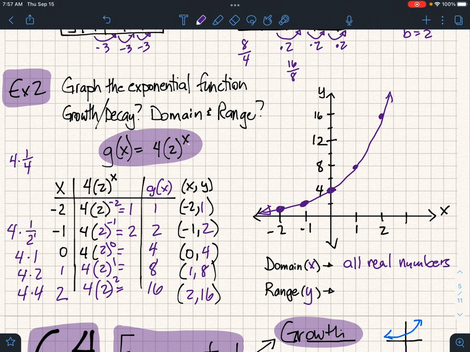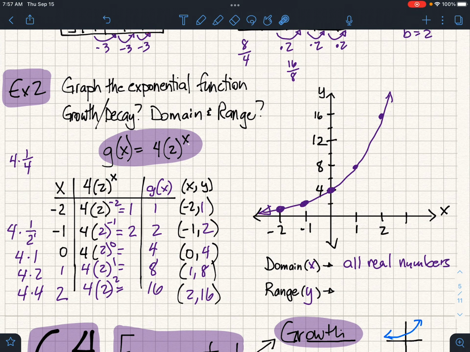Now the range, look at the y values that we have. This is slightly different. Here, it seems I went from 1 to 16. Well, it looks like this is going to get larger and larger, right? This graph is going to go up and up and up. Will it go down and down and down? No, I think this graph is kind of leveling out here.